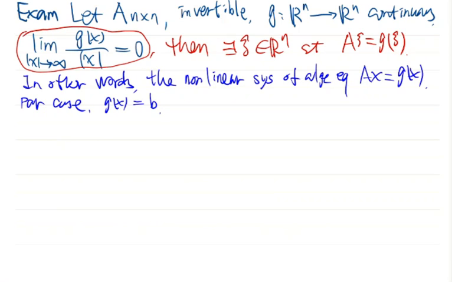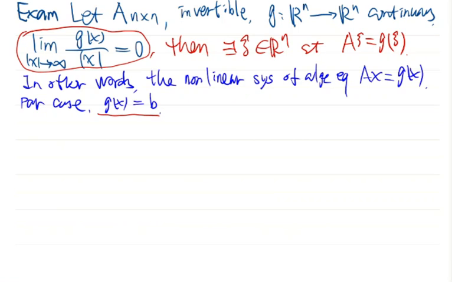Because the norm of the numerator is fixed, the norm of b, but the norm of the denominator increases to infinity, so the limit is 0. Therefore, for the special case that G(x) is b, our result is just that if A is invertible, then Ax equals b has a solution.